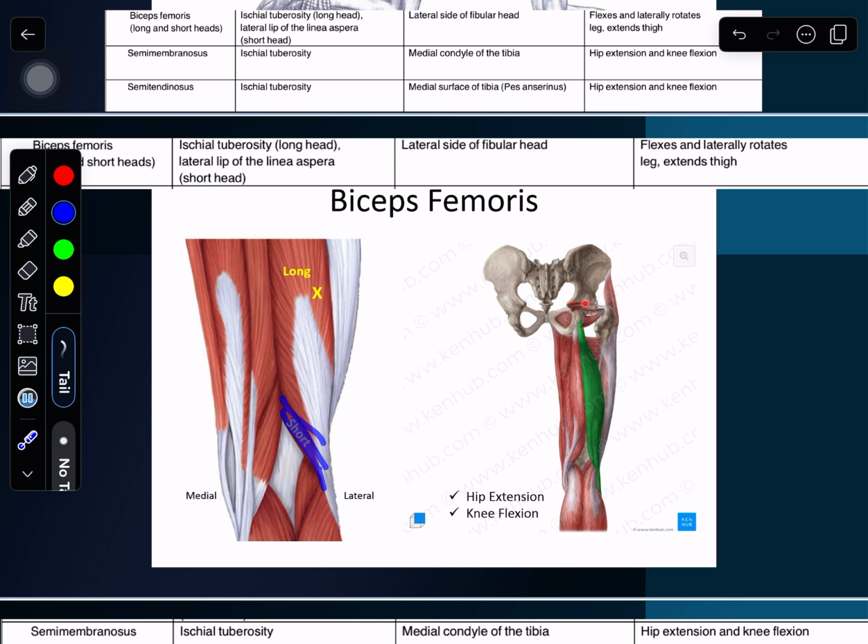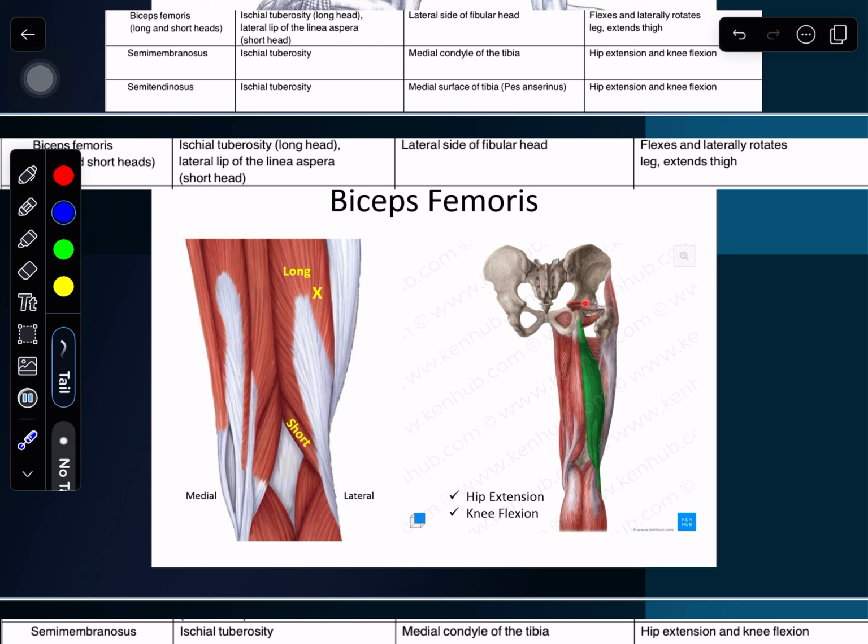So you'll remember that the fibula is the lateral lower leg bone. So therefore, the biceps femoris is pretty identifiable. And it's a very strong muscle because it's the only one that has an insertion onto the lateral side of the knee, right? In this case, the fibula.